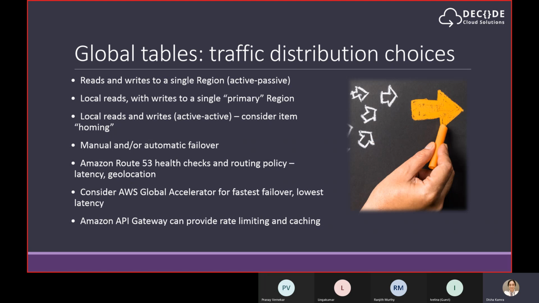And when we talk about that, it doesn't necessarily have to be applied at the full table level. It really applies by item. For many business needs, it's possible to pin items to a particular region, and some items might be homed in one region and others homed elsewhere.